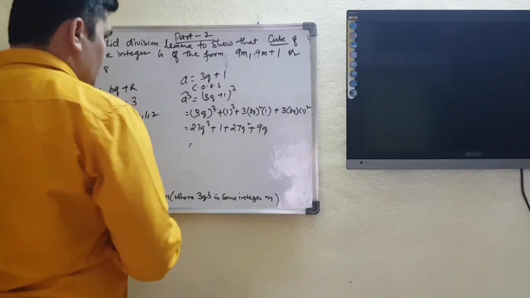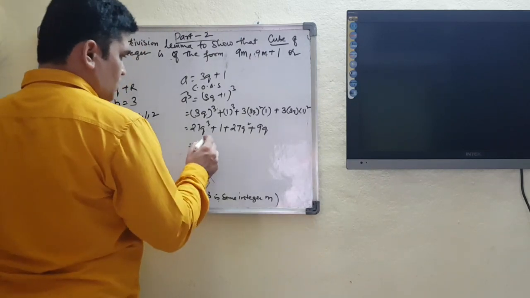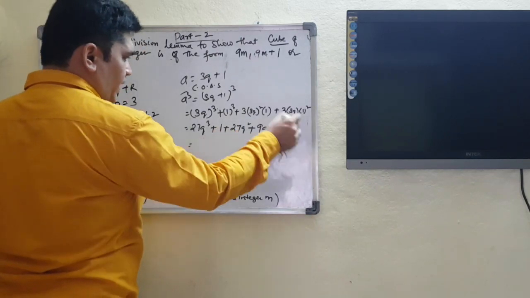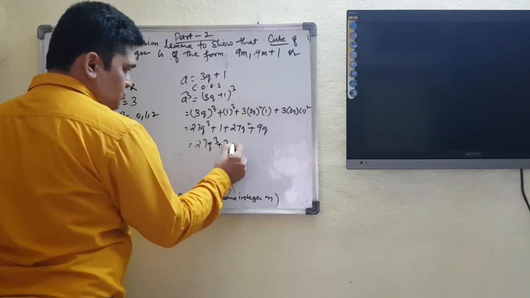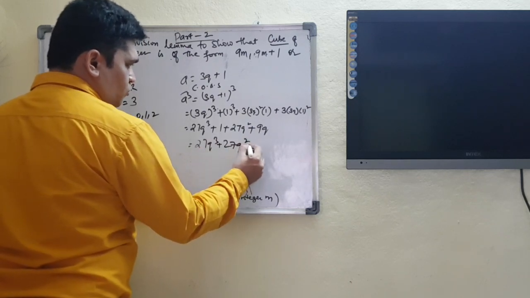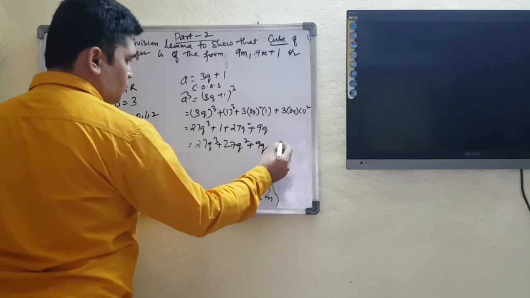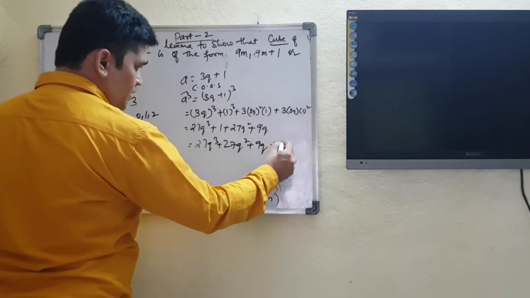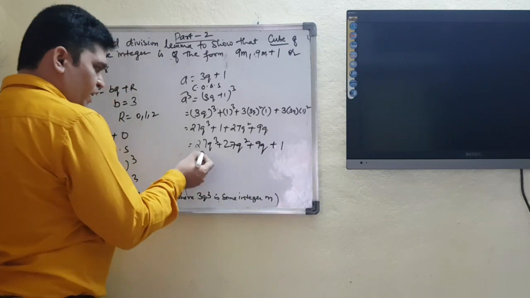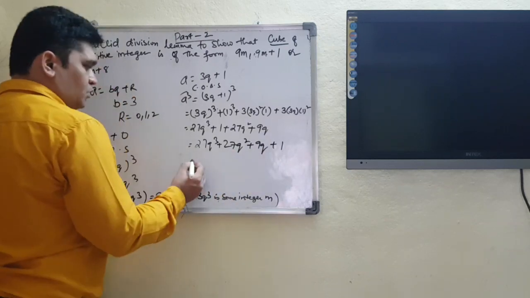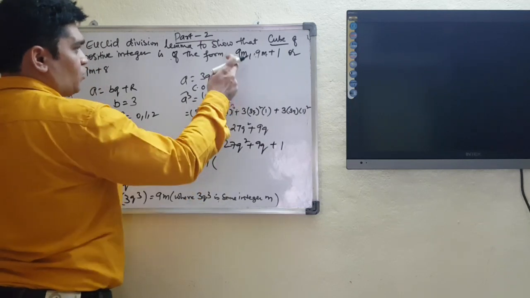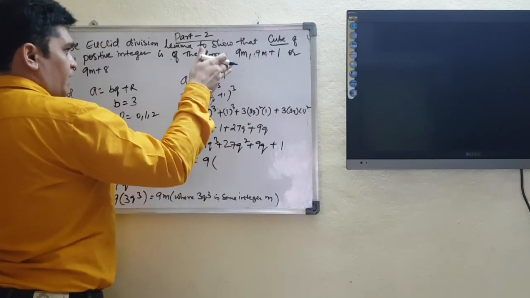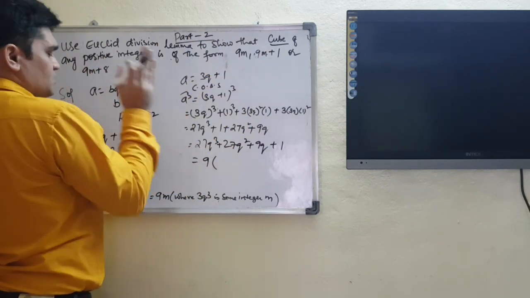So if you consider the same thing now, if you just bring this 1 over to the end, you write 27q cube plus 27q square plus 9q plus 1. Now take common from these first 3 terms. If you take 9 as common, what will be? Why am I taking 9? Again, because I need to consider it in the form of 9m, 9m plus 1 or 9m plus 8.